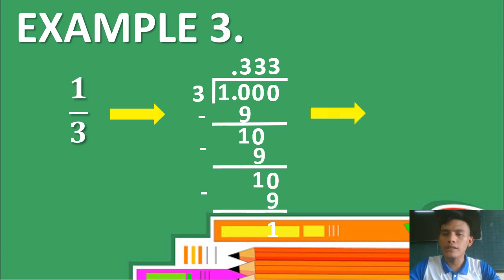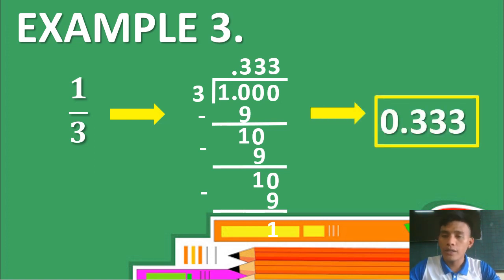And our answer is 0.33. But as you can see, we are always repeating, dividing, multiplying, subtracting. So we put a bar at the top of the number, 0.3 bar.